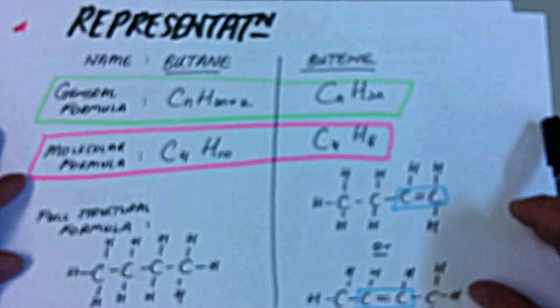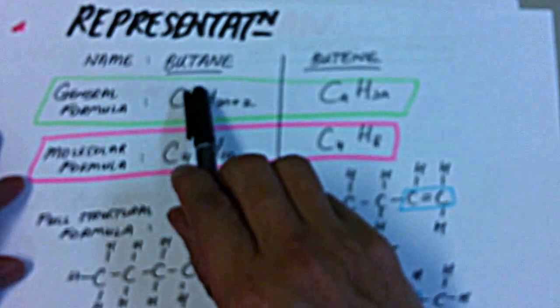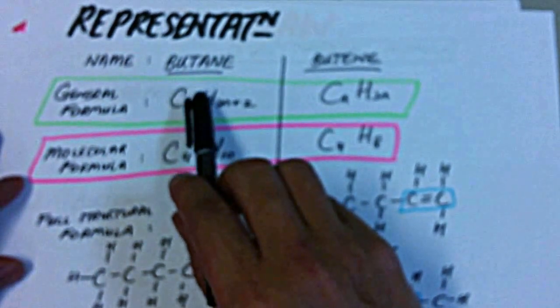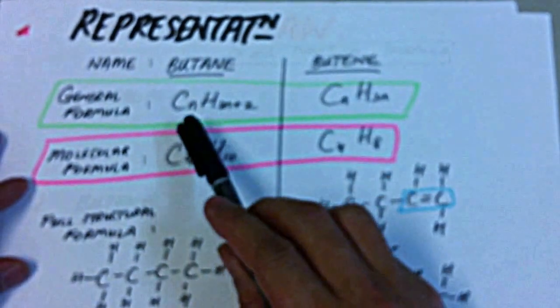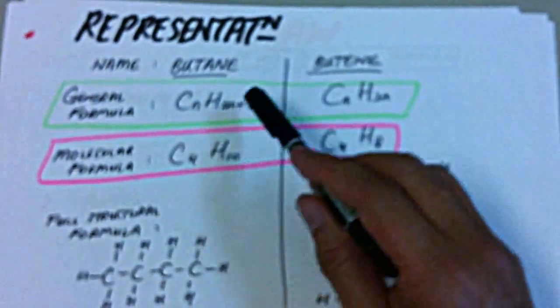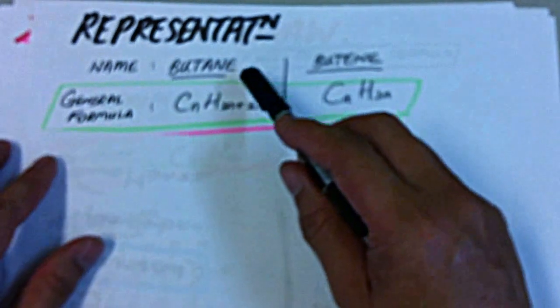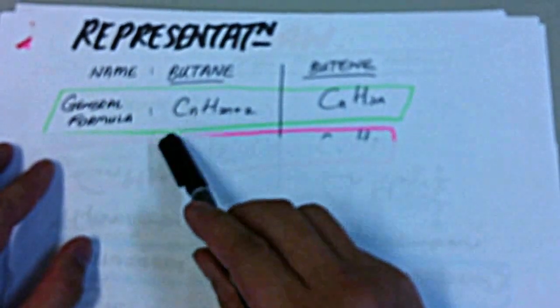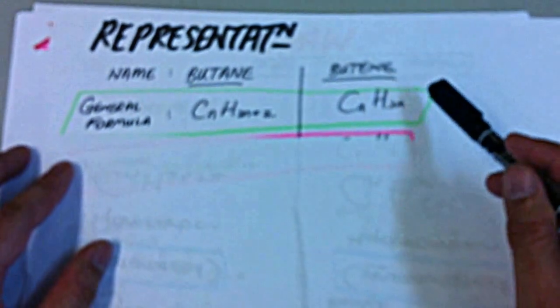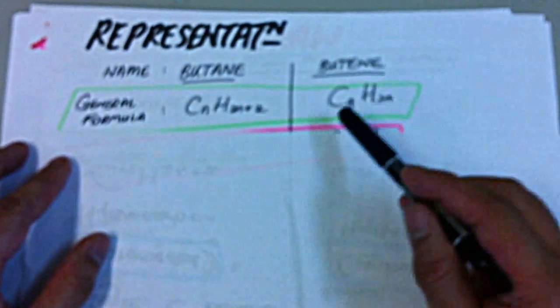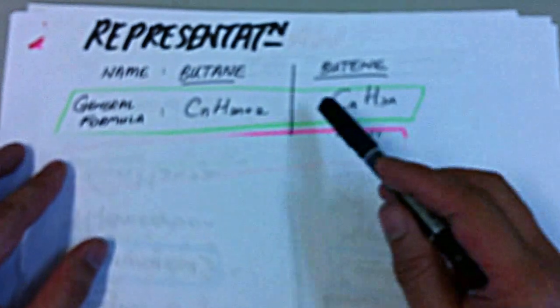Now let's look at two hydrocarbons, namely butane and butene. Butane comes from the homologous series of alkanes, so CnH2n+2. Butene comes from the alkene homologous series, CnH2n.